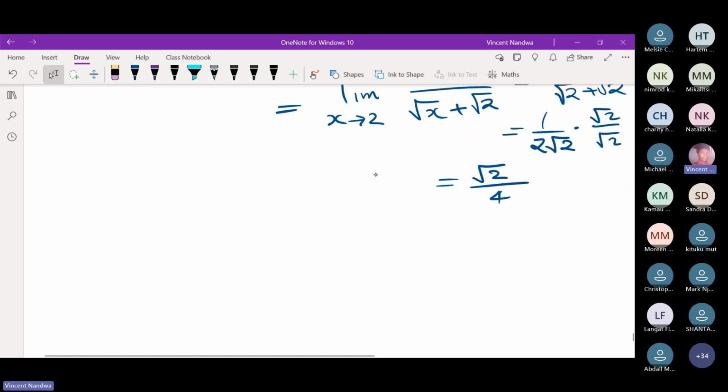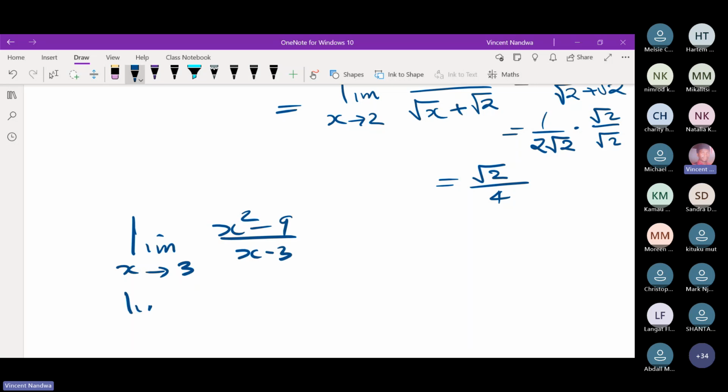So the other question is limit as x approaches 3 of x squared minus 9 over x minus 3. And then the other one is limit as x approaches 0 of square root of x plus 4 minus 2, divided by x. I want to give you 2 minutes to try this and tell me what you are getting.